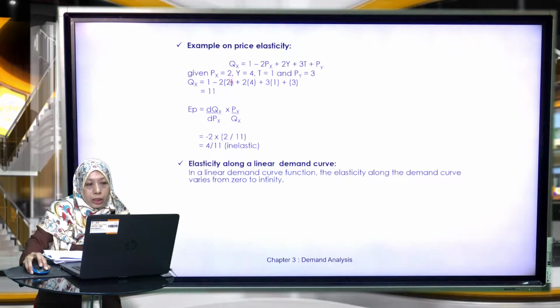So you substitute all these values into the demand function, and you're going to end up getting Q equals 11. So this Q here is equal to 11.